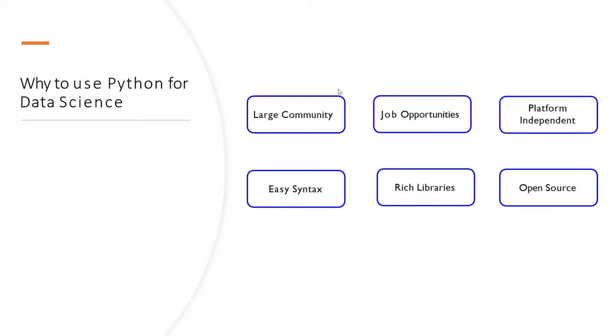If you know English, then it will be very easy to read and write Python syntax. Rich library: there are n number of libraries where our work can be done smoothly and easily. Large complex tasks can also be done very easily. What about open source? No need to pay anything. These are the points we discussed in yesterday's class, am I right?